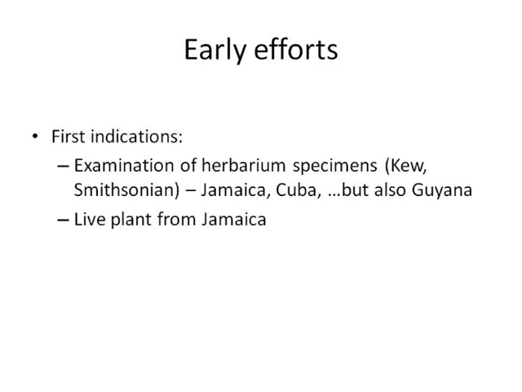So in the early efforts to find out where our South African biotype of Chromolaena odorata originated from, the first place to look was in herbarium specimens. This was done at Kew and at the Smithsonian in the USA. They found that morphologically, our South African biotype was most similar to the Jamaican and Cuban specimens. But then there was a very nasty specimen that stuck out from Guyana, and there was only one of them.